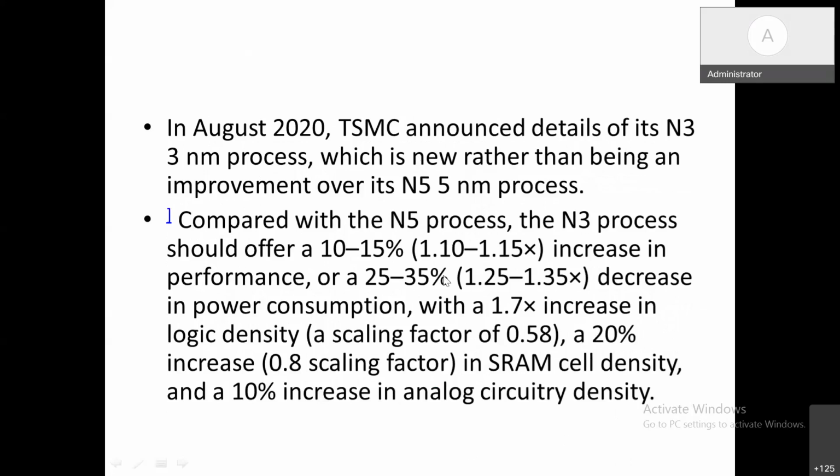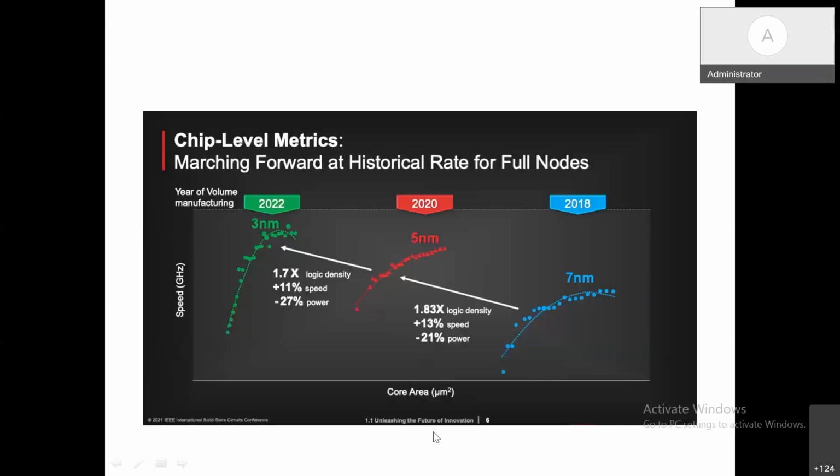Again, they are all commenting about the release of their products and the power consumption each node has. This is a power comparison in terms of core area and speed in gigahertz. You can see that this is the 7 nanometer technology, in terms of core area and speed.